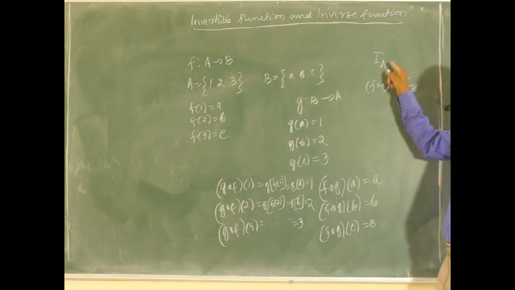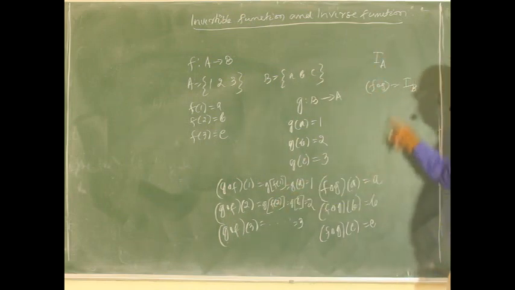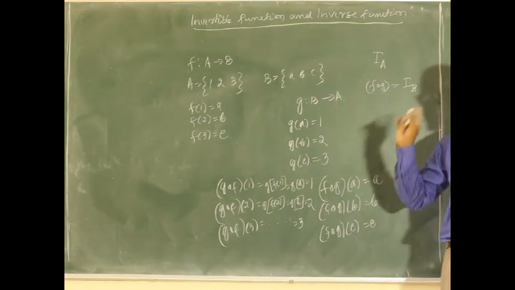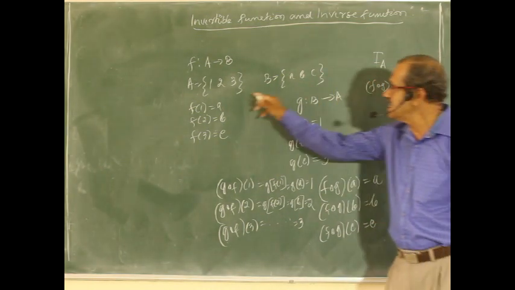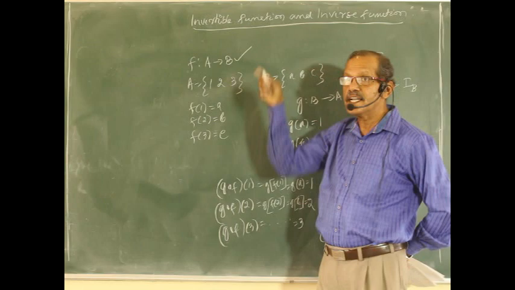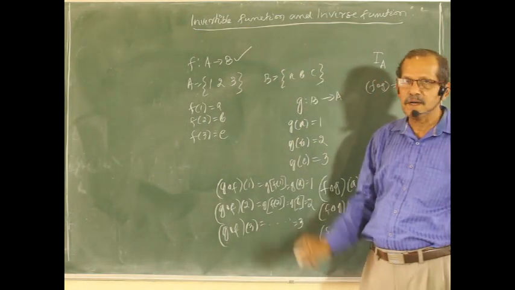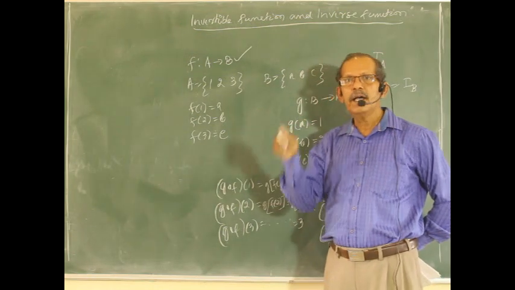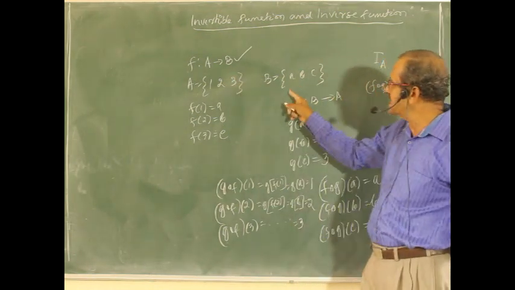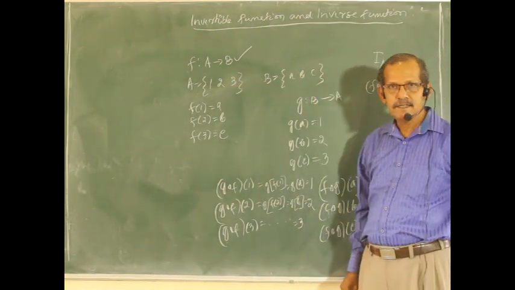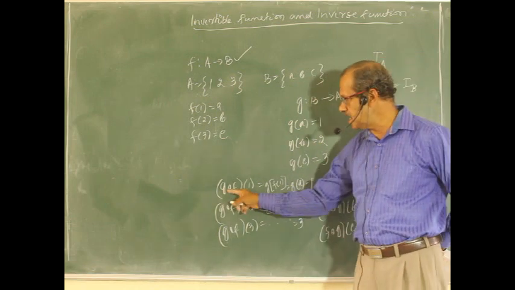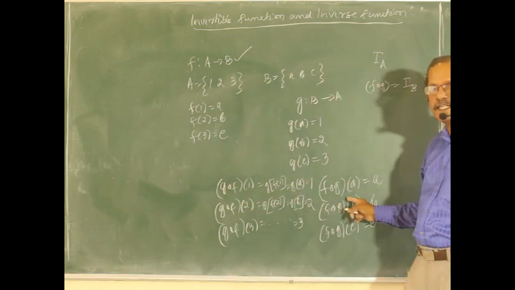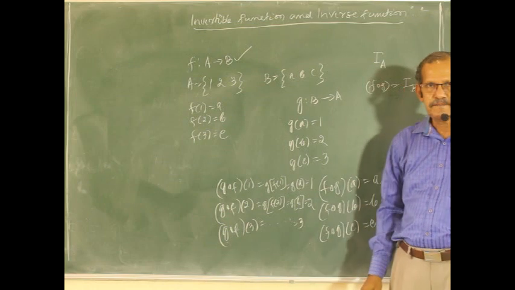In order to separate them, I have given IA as the notation for the first identity. Here it is identity mapping, but IB. So, in this case, we say f is invertible. Given function f is invertible if there exists a function g such that g composite f or f composite g is always identity.